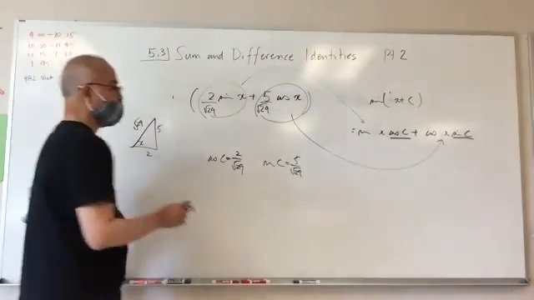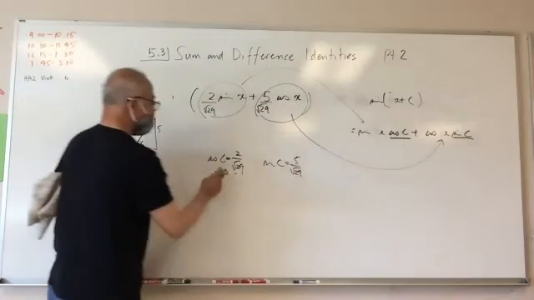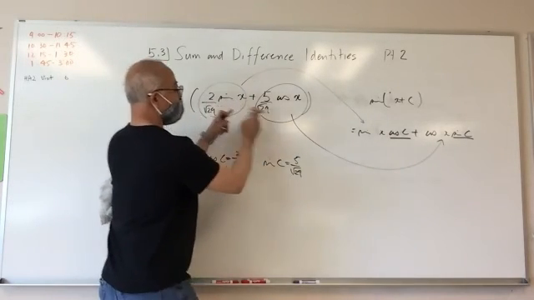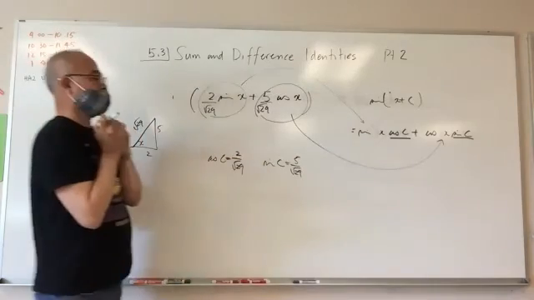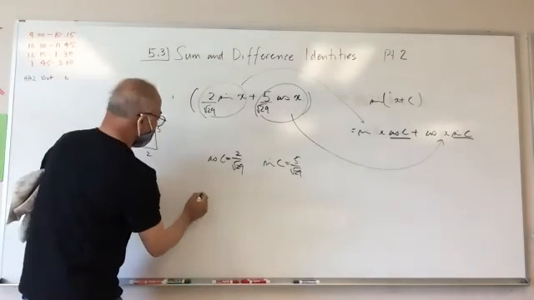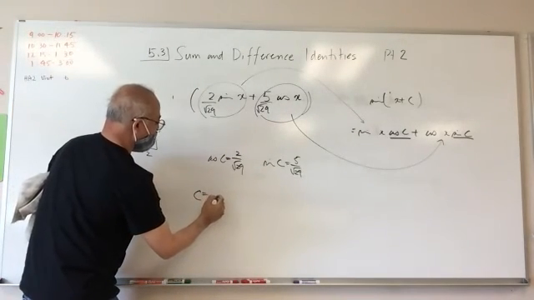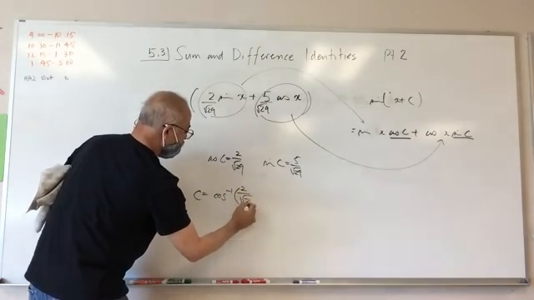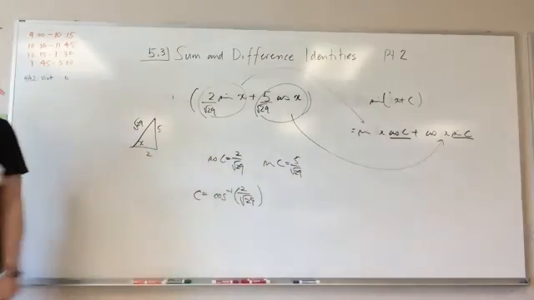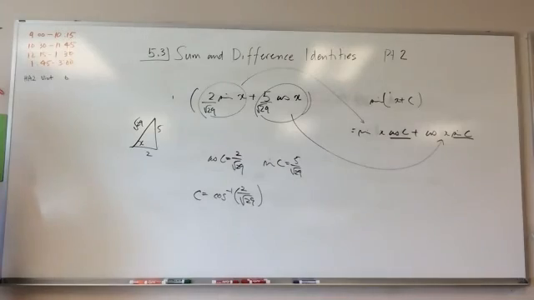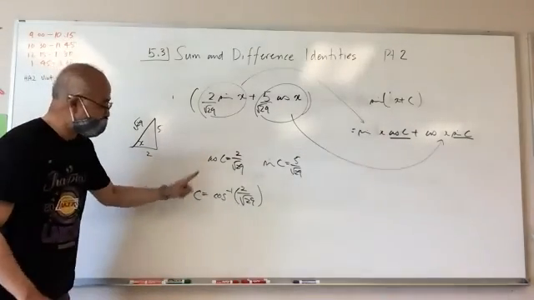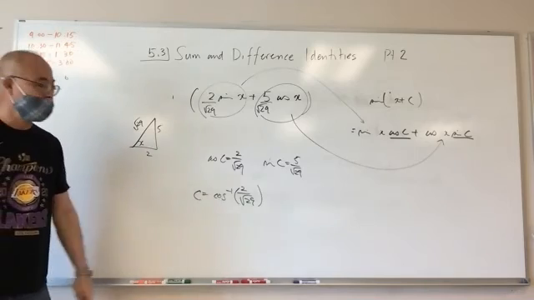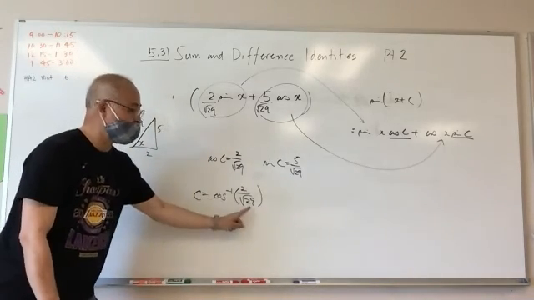So this has to be this, because this guy has to be equal to this guy. So C is going to be equal to arc cosine of this, because it is the angle that gives me this value.